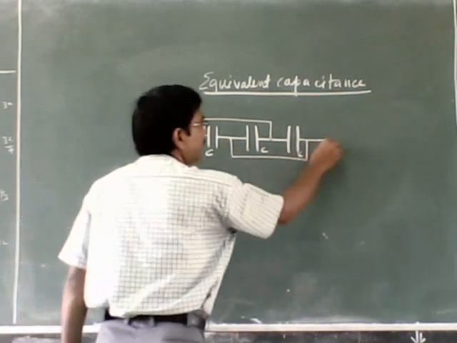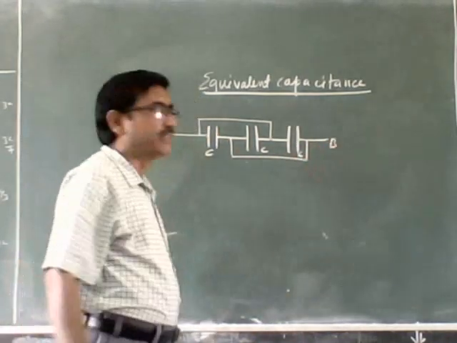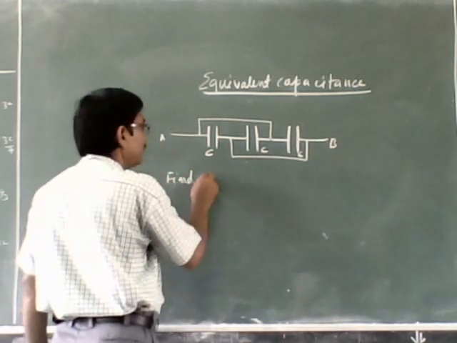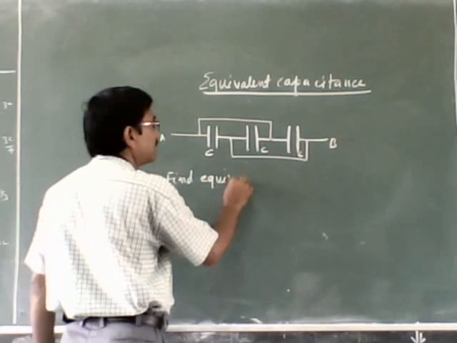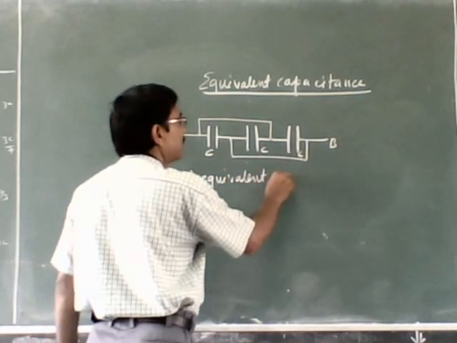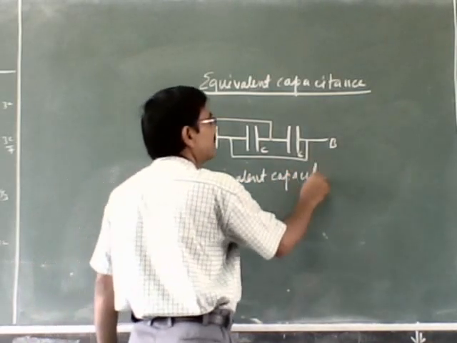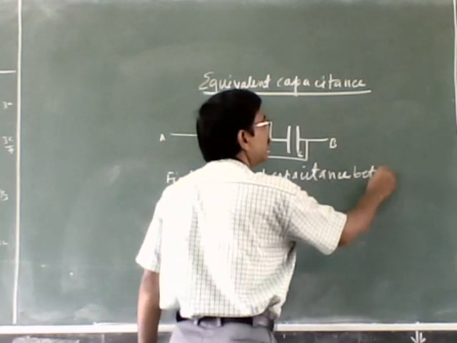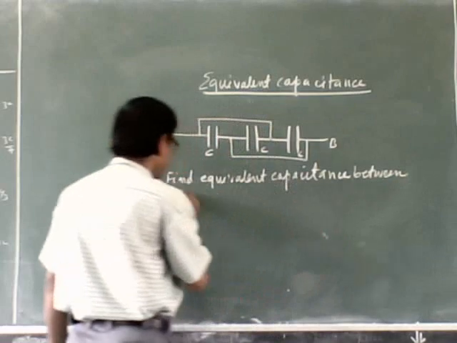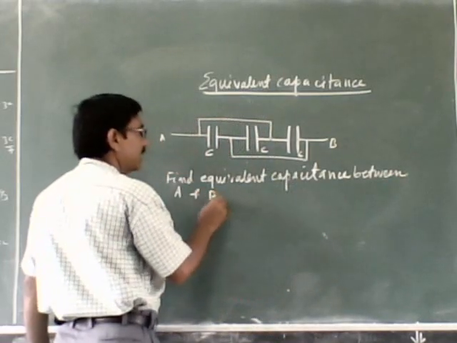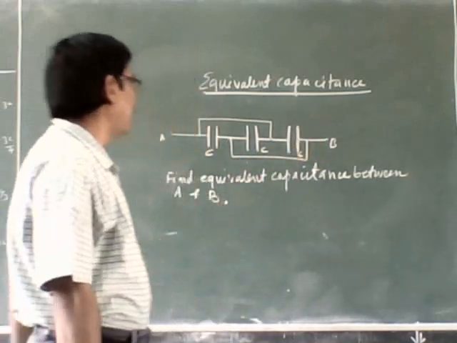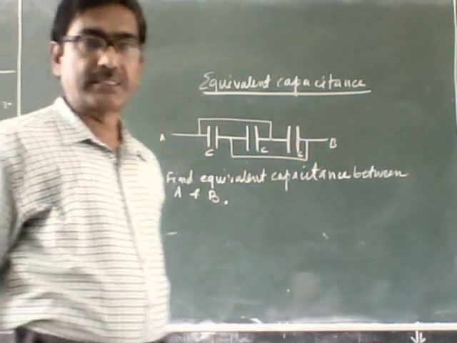This is point A and this is point B. You have to find the equivalent capacitance between A and B.